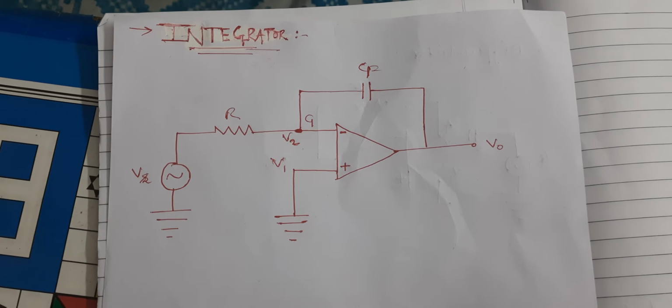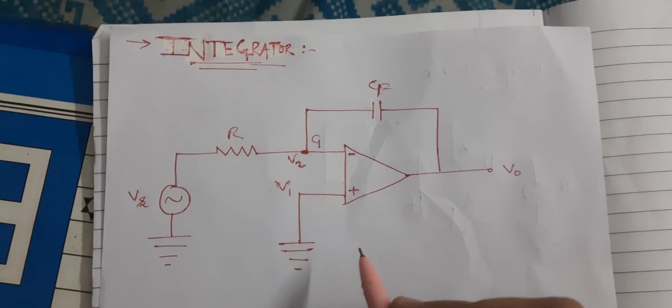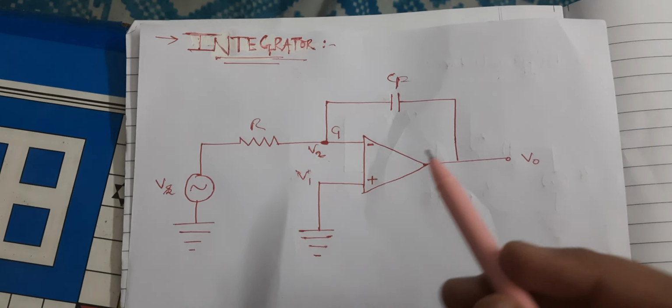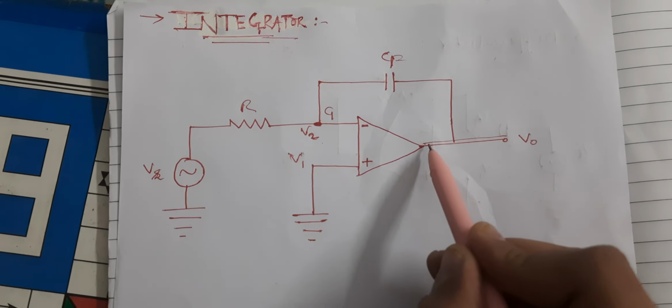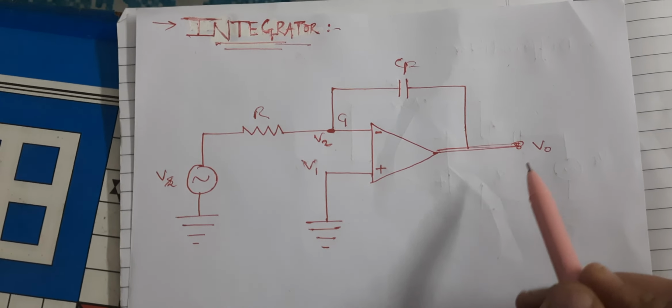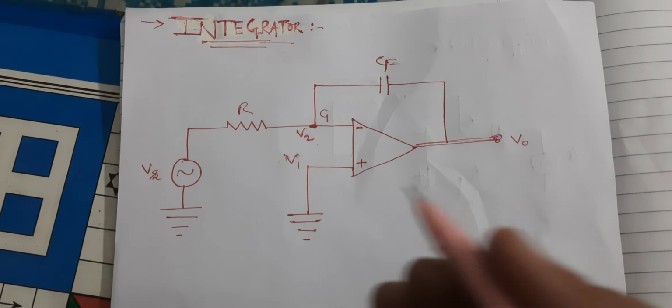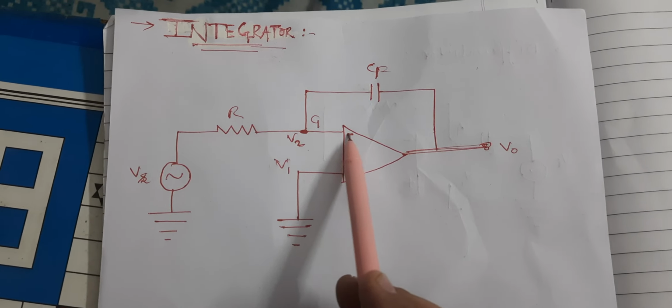So this is an integrator circuit. As shown in the figure, this circuit produces an output voltage as the time integral of the input voltage. This is an inverting op-amp, connected to the inverting side.